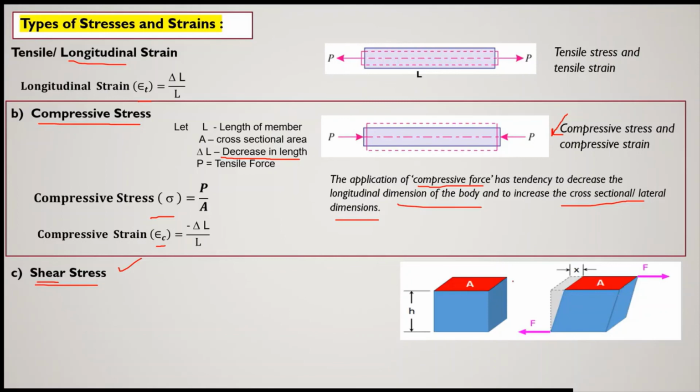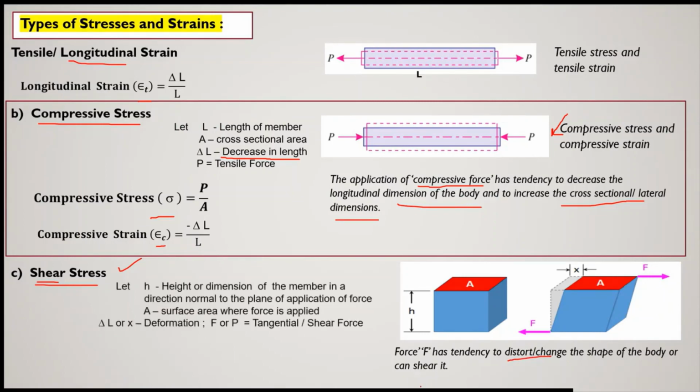Now you will find the original edge of the body has been shifted by some distance x. That is the deformation of the upper surface. Now force is acting on this surface. So this force has the tendency to distort or change the shape of the body, or it can shear it.